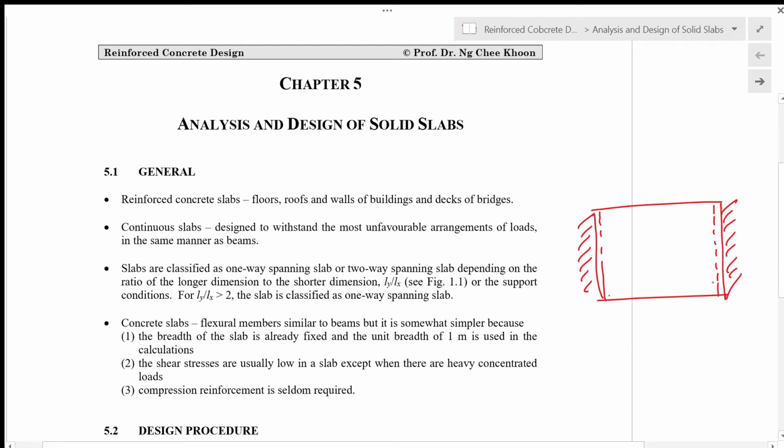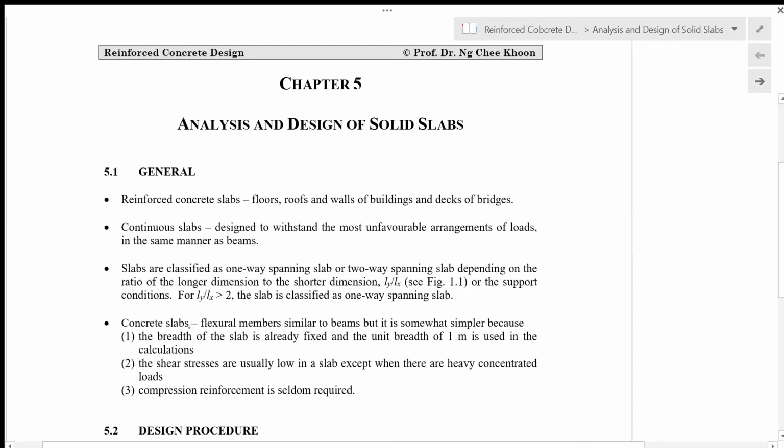So it still becomes a one-way spanning slab where the loads are transferred to the physical supports like that, and this becomes the span of the slab, which is spanning one way. So to classify slabs, you have to look at the support conditions as well as the Ly over Lx ratio.